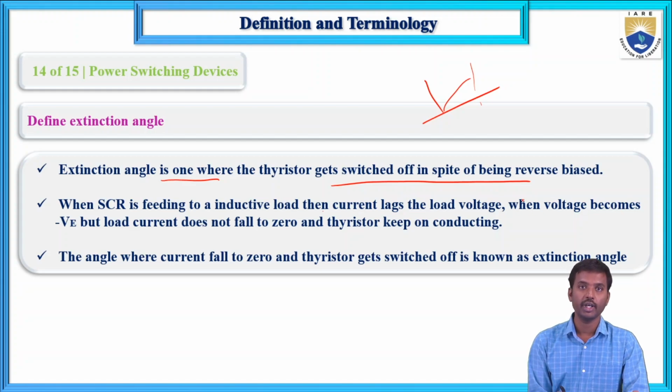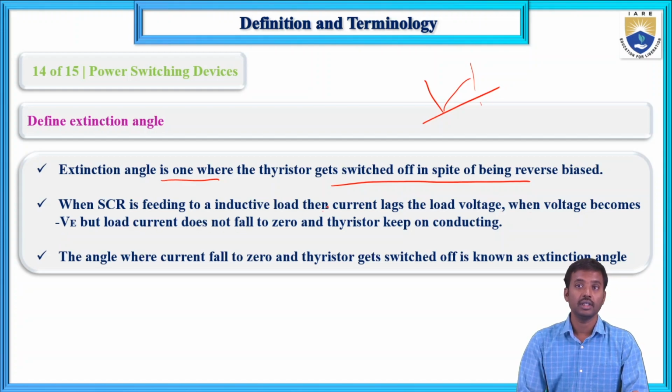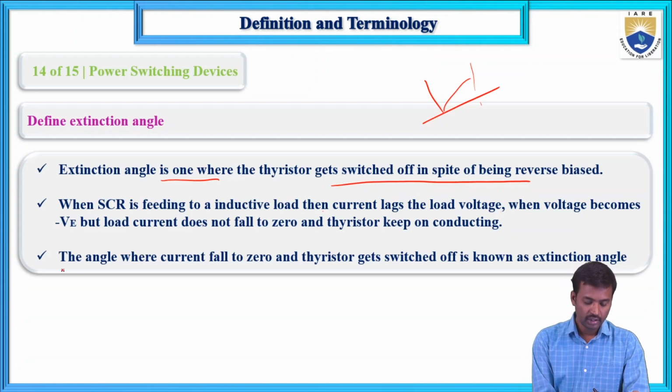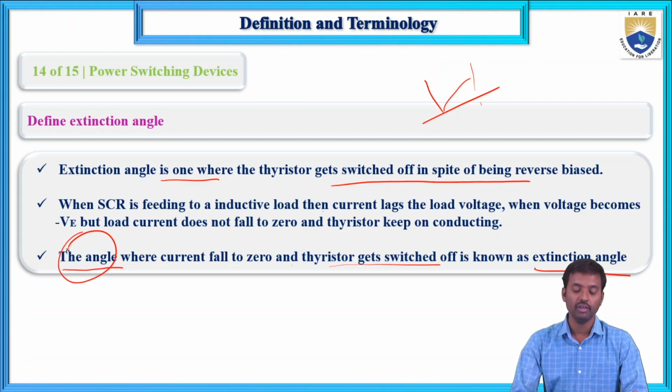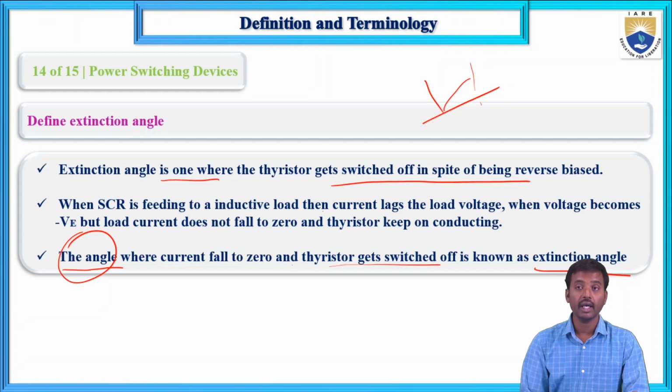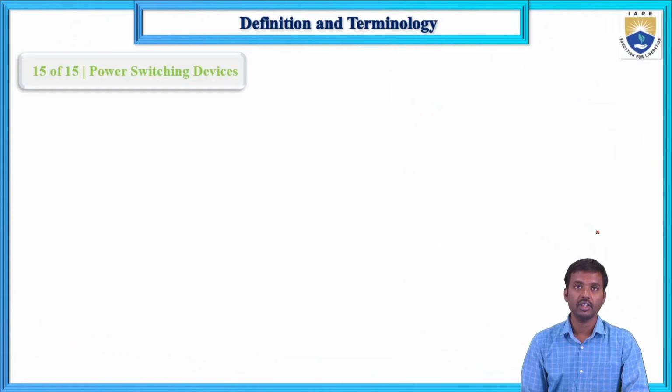When the voltage becomes zero, the load current does not fall to zero, and the thyristor keeps on conducting. The angle at which the current falls to zero and the thyristor gets switched off is known as the extinction angle. Next, the last definition.